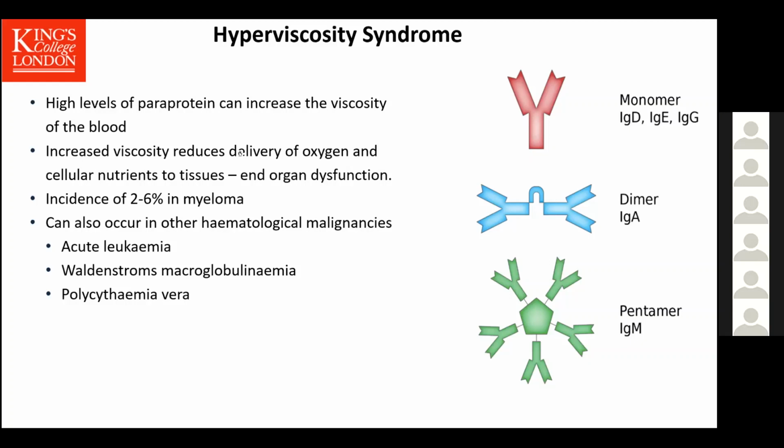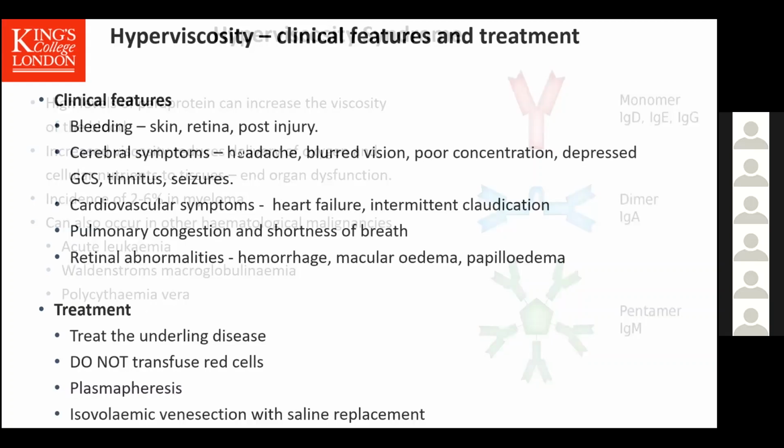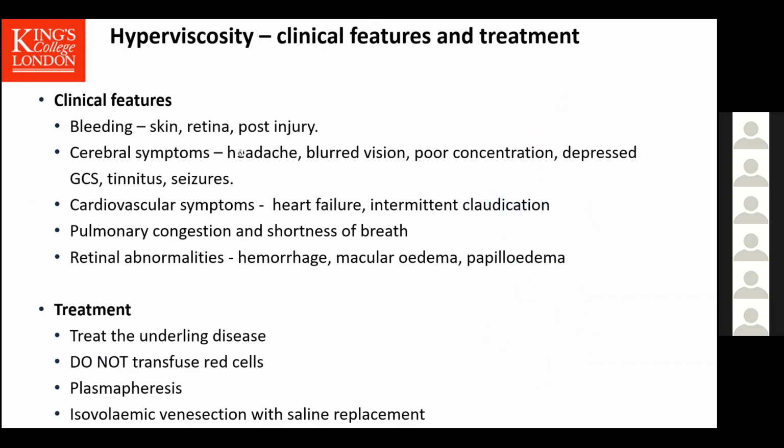And the treatment, of course, is hydration is the first thing. And second thing about the rasburicase or allopurinol, and also about starting the treatment. Yeah. Clinical features, you may have bleeding, you may have cerebral symptoms like headache, blurring of vision, you may have bleeding in the brain or an infarct.